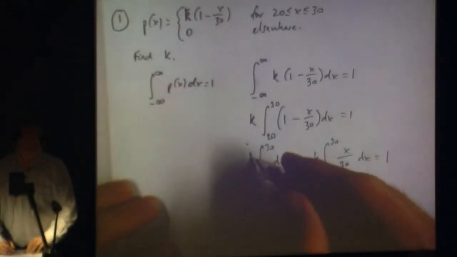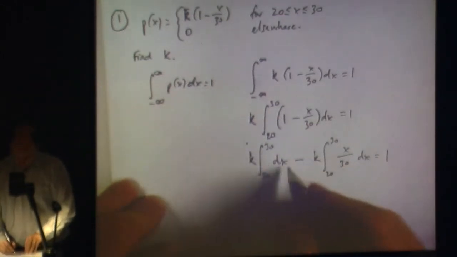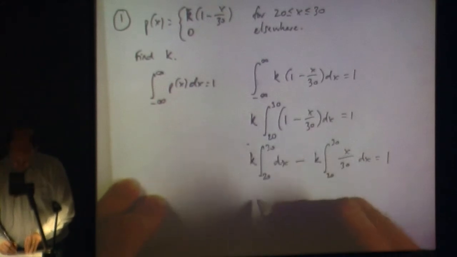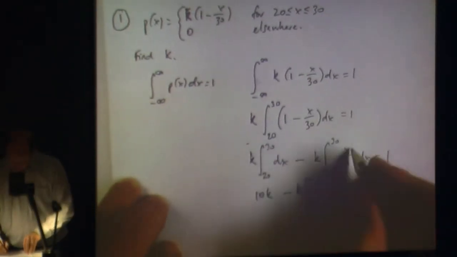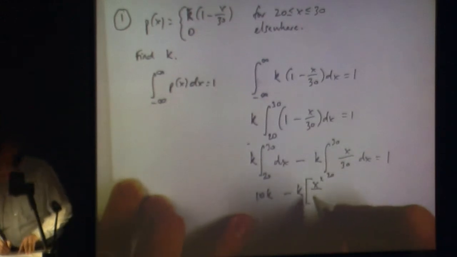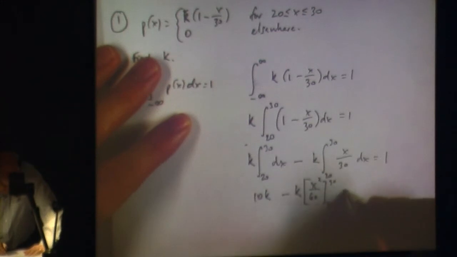Now the integral of 1 is going to be x, so that's 30 minus 20, which is 10. Minus, over here we've got k, the integral of x divided by 30, which is x squared divided by 60, between 20 and 30, equals 1.